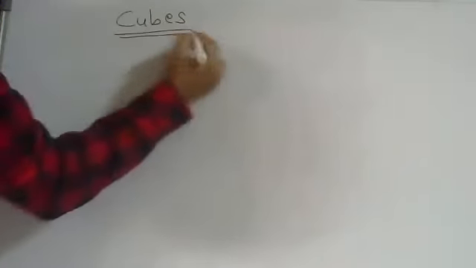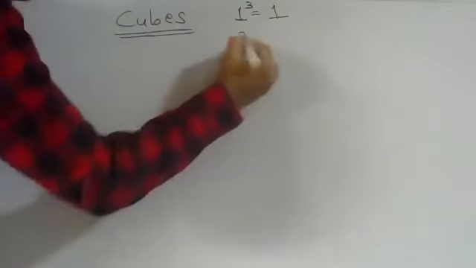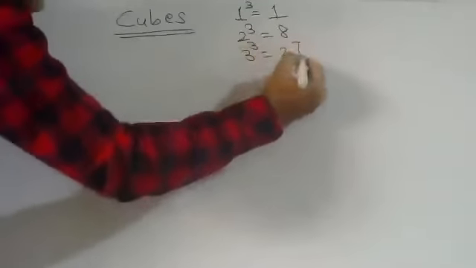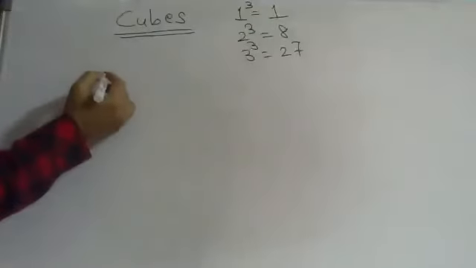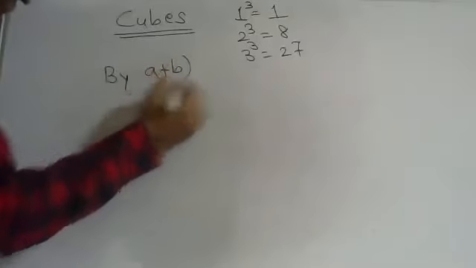Now we'll move to the next topic, that is cubes. All of you know 1 cube is 1, 2 cube is 8, 3 cube is 27. We are finding cubes by the formula (a plus b) cube.